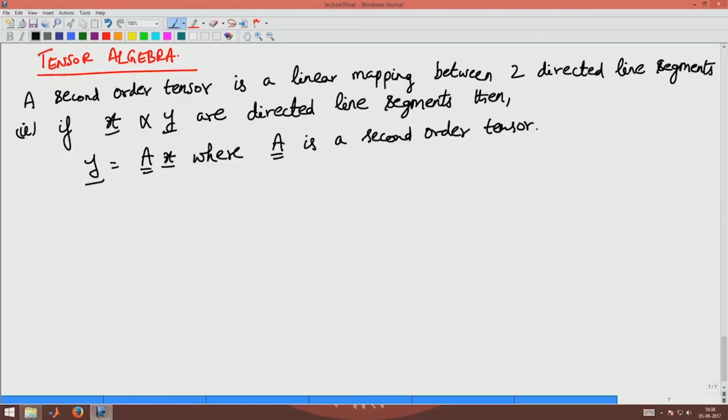Now I want to generate representations for this linear function just like I generated representations for the vector.